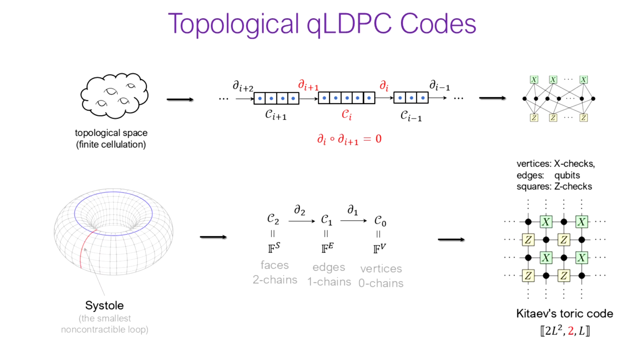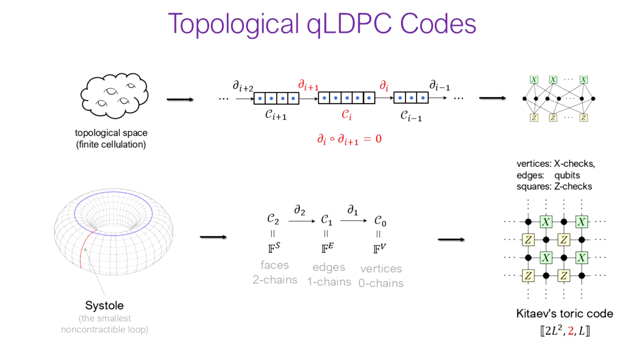The canonical example of such a code is the so-called Kitaev toric code, which is defined by using the simulation of a torus, and I already described this. The only thing I want to mention is that the distance corresponds to the systole, the smallest non-contractible loop.